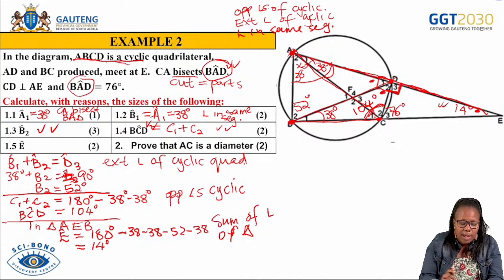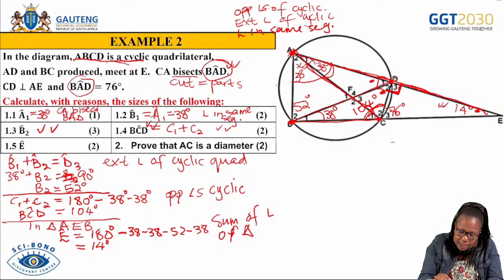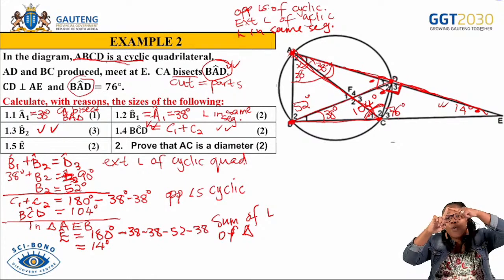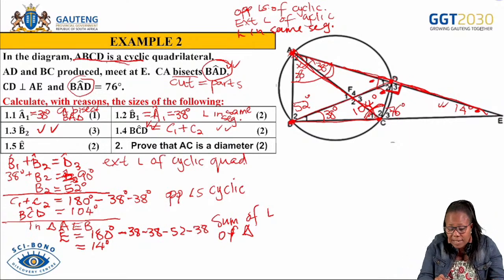All right. And then now let's look at number 2. Prove that AC is the diameter. AC, we are looking at this line here. Line AC is that line. Okay, great, Charles. We have already done that. Can you see that? In order for that line to be a diameter, it must subtend, hold an angle of 90 degrees. We have just proven that this angle D1 plus D2 is equal to 90.